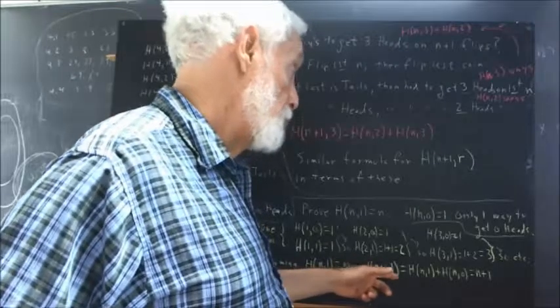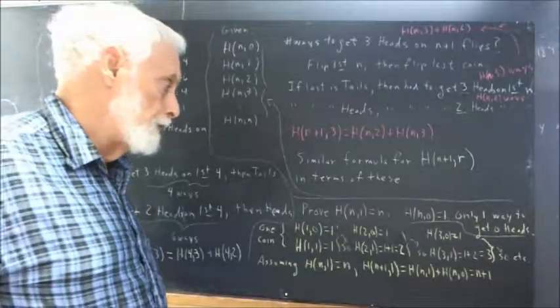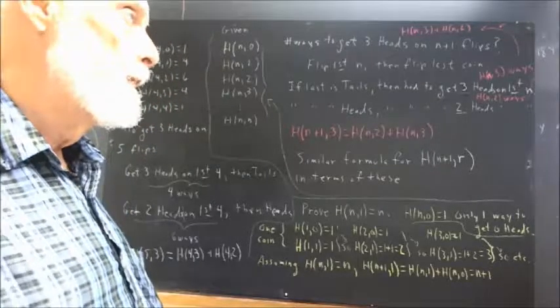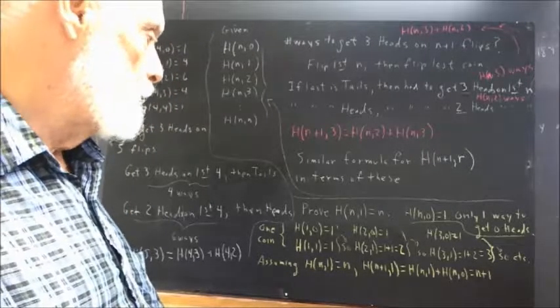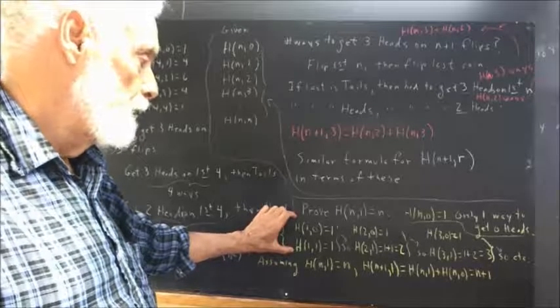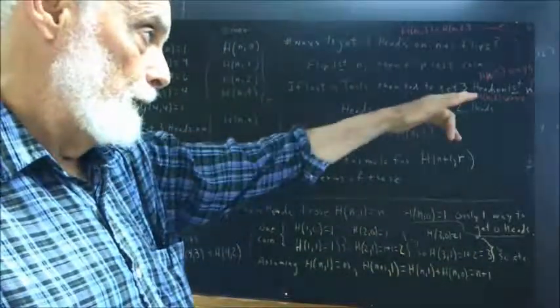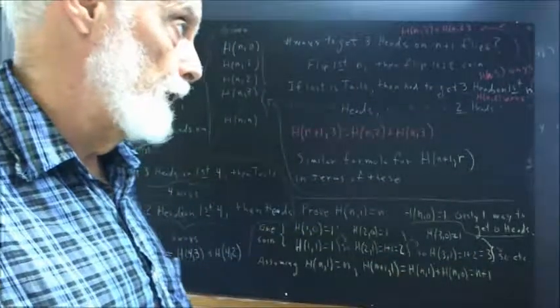So h of 4 plus 1,1 is 4 plus 1. We've proven this for all values of n. This is called mathematical induction. If we've got a place to start, and we know we can always make the next step, then we assume we can keep going forever, and it's true no matter what the value of n is.